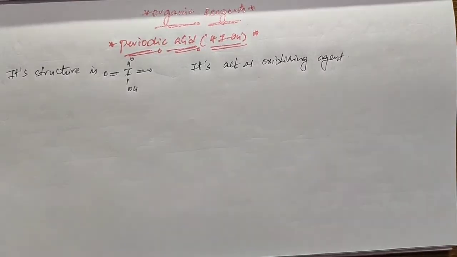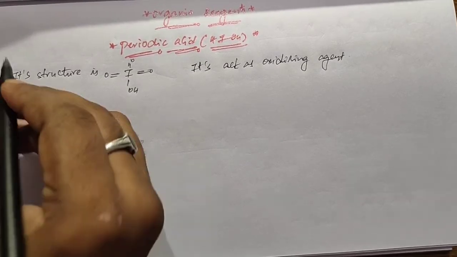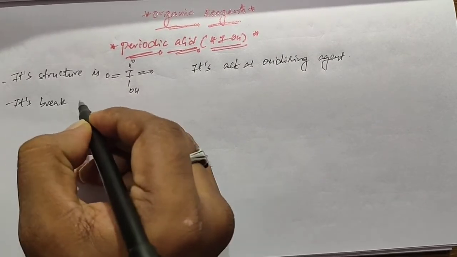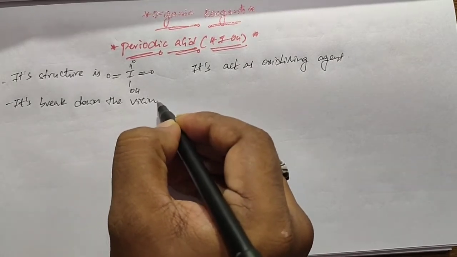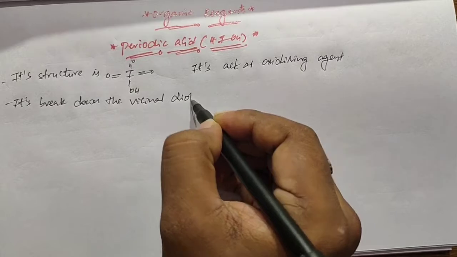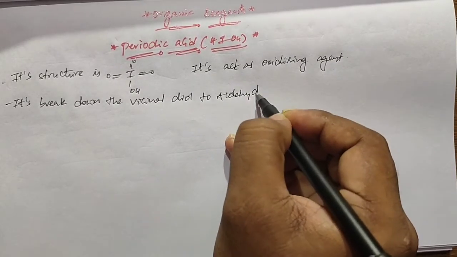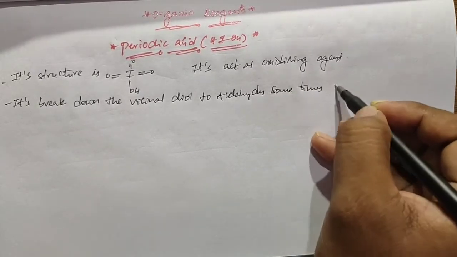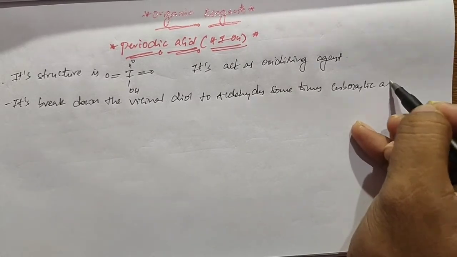Then what is the use of periodic acid? Periodic acid can break down vicinal diols to aldehydes, sometimes to carboxylic acids also.